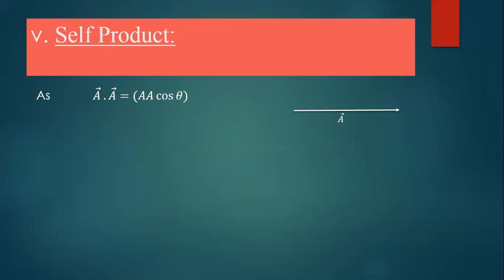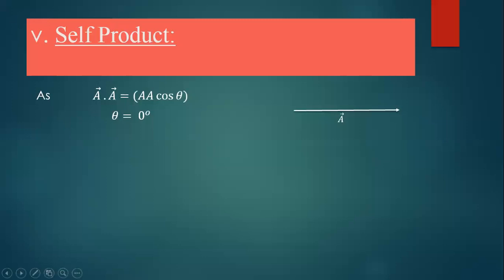In the case of self product, the angle between A and A is 0, because according to the condition of equal vectors, two vectors are said to be equal if they have the same magnitude and the same direction.